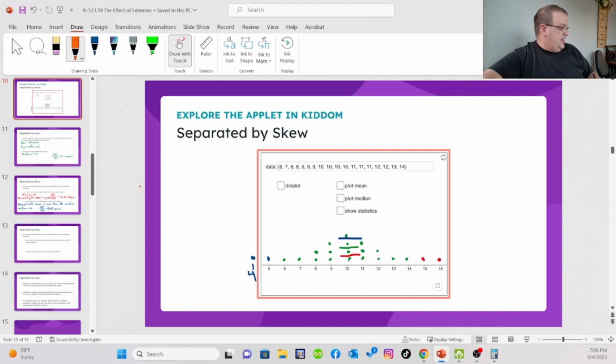So let's say we add 1 dot at 15 and 1 dot at 5. Well, now my median is going to stay the same because I now have 10 points to the left and 10 points to the right. So my median has not changed. It's still right here. It's still 10.